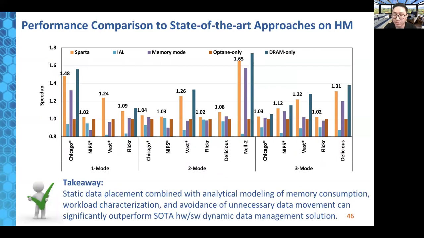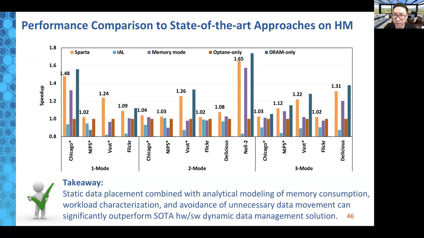Our takeaway message here is that static data placement on Optane-based heterogeneous memory systems can outperform dynamic data placement, which is not explored previously.